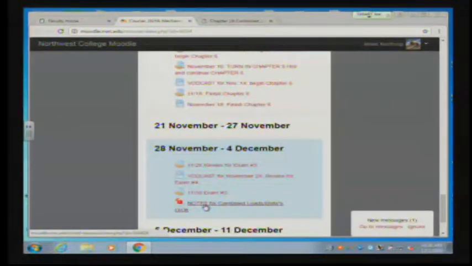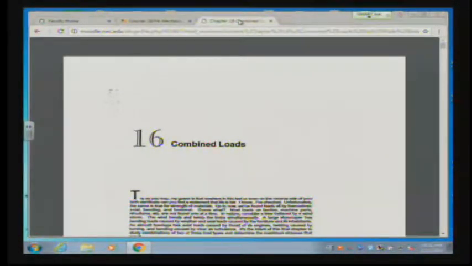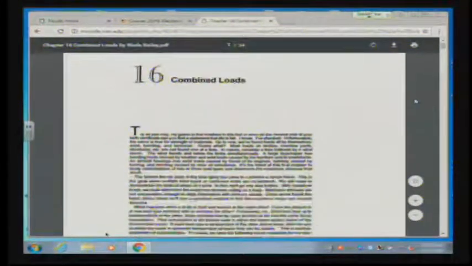You'll see that there is a file entitled Notes for Combined Loads / Mohr's Circle, and that's the material that we're going to be using for this particular section. And this will be the last section that we'll be talking about in the textbook. So you are not going to have to open your book again unless you need it as a reference.